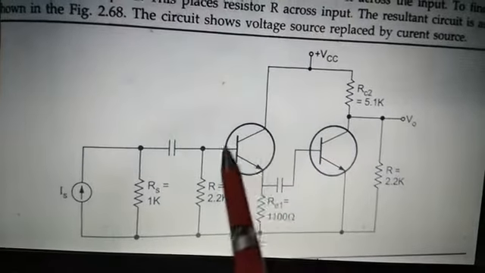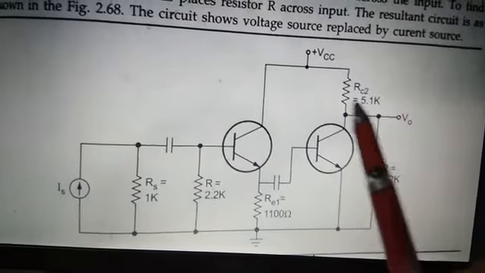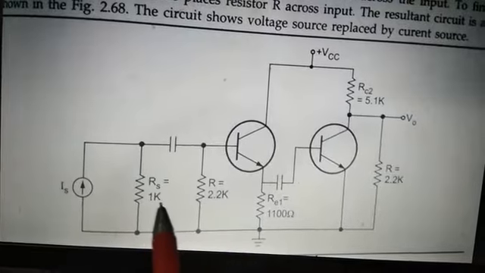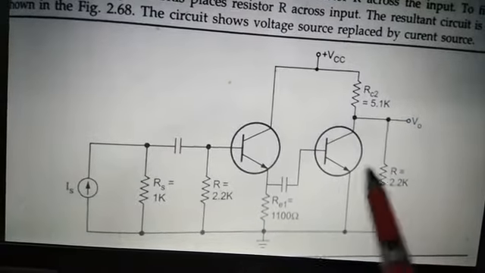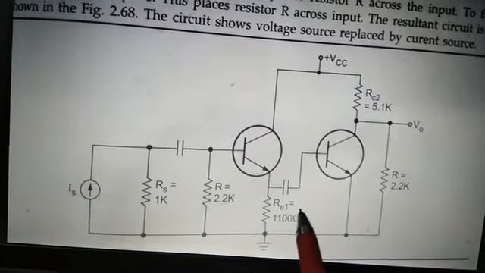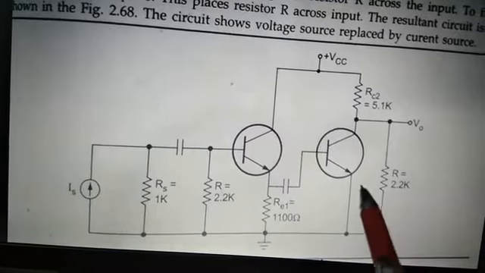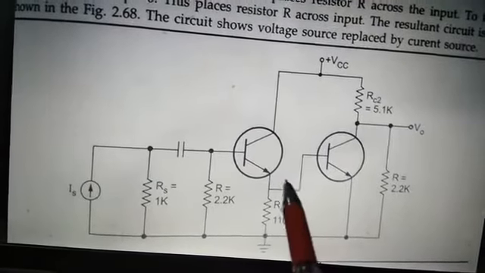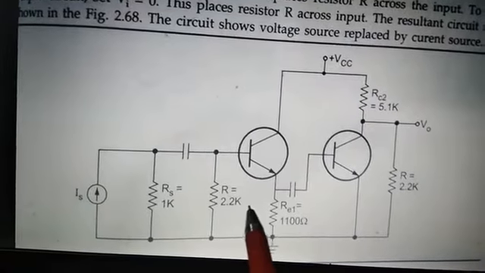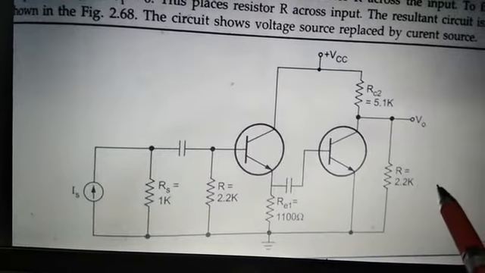First of all, convert this into the H parameter model, connect these resistances to the H parameter model, and mark the input impedance and output impedance of transistor 1, the input impedance and output impedance of transistor 2, the overall input impedance, that is with feedback, and the overall output impedance, that is with feedback.